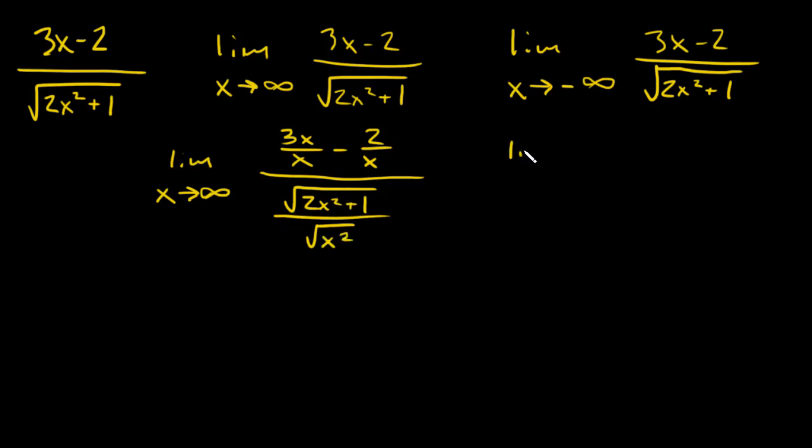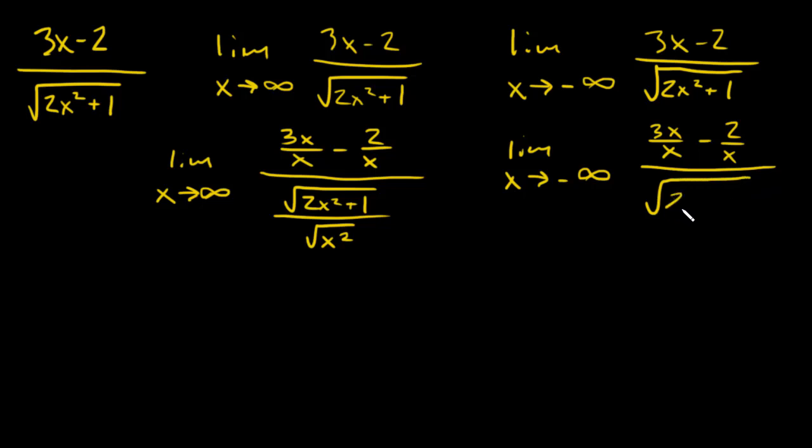Now when I want to look at the limit as x approaches negative infinity, it's going to be 3x over x minus 2 over x over root 2x squared plus 1 divided by negative root x squared. Okay? So now that I've got it set up with the appropriate substitutions, I can make this one big root.